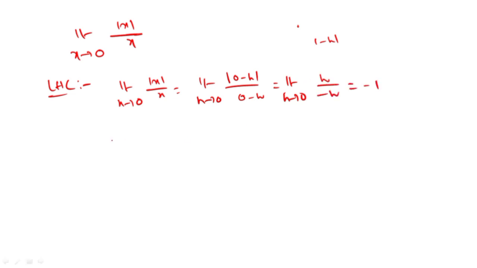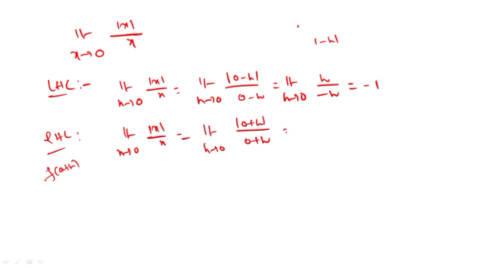This will be minus 1. Now I would like to find RHL, limit h tends to 0 of mod x by x. In case of RHL, we replace f of a plus h: limit h tends to 0 of 0 plus h by 0 plus h, which is h by h. This will be 1.